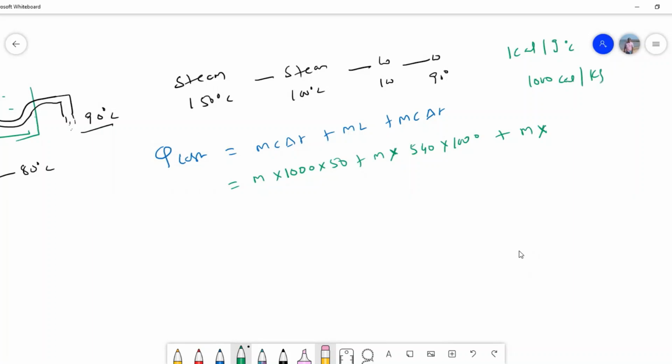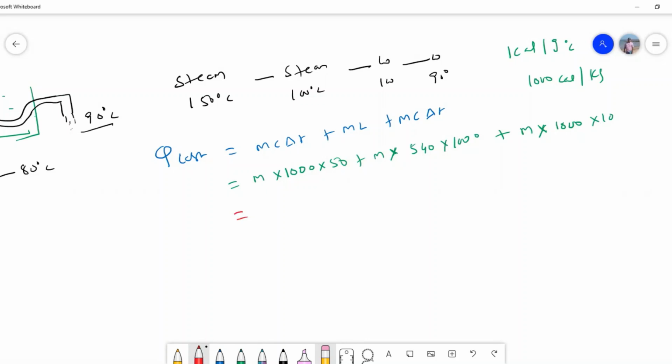Very important: because the mass is taken in kilograms, I need to convert. So I write 1000 into change of temperature, which is 10. This is a very crucial step here. Remember, I'm taking energy in calories per kg because I'm taking mass in kilograms.